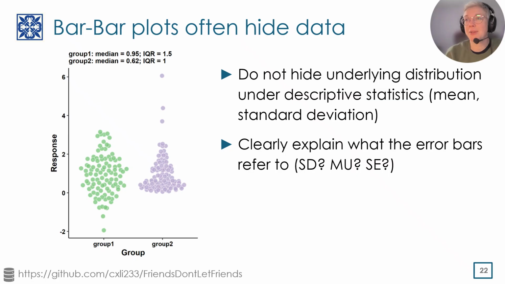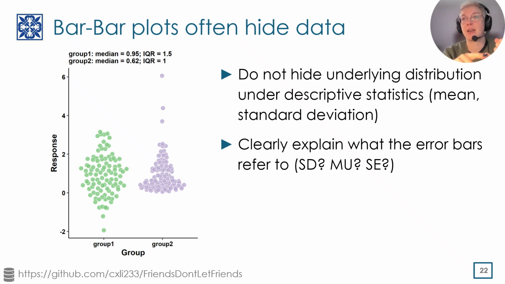It's not to say that you cannot do bar graphs, but you need to be aware that it can hide some stuff and check that this is not what you are doing with your bar graph. In any event, if you want to do a bar chart, you absolutely need to clearly explain what the error bars refer to.